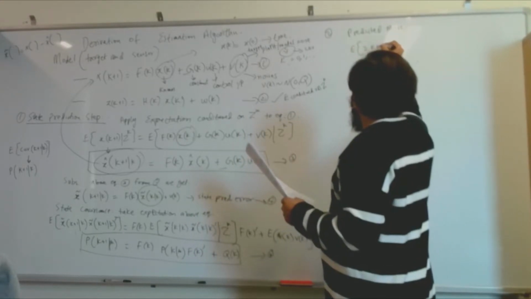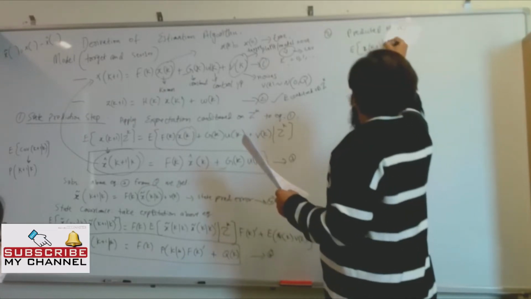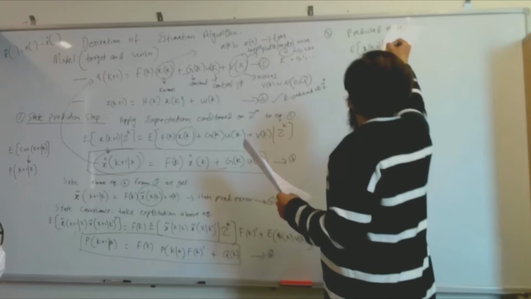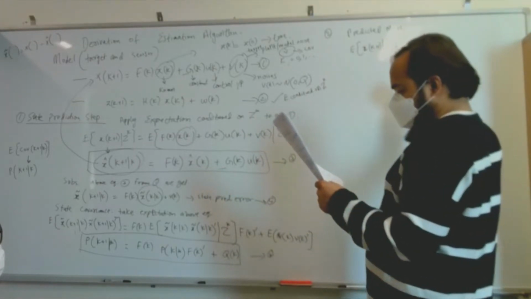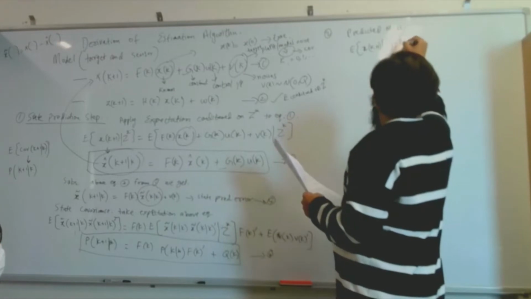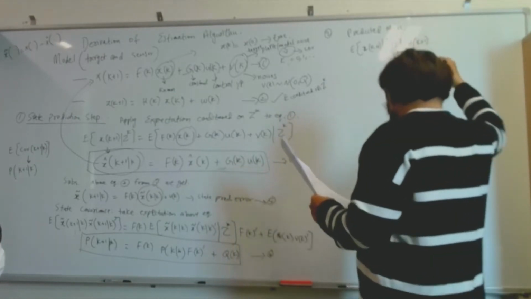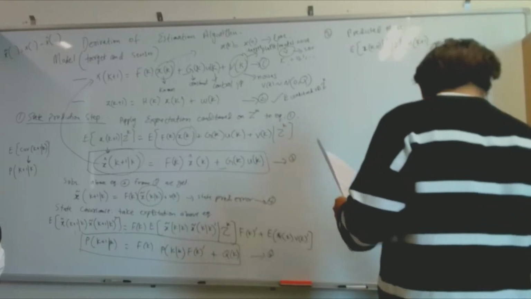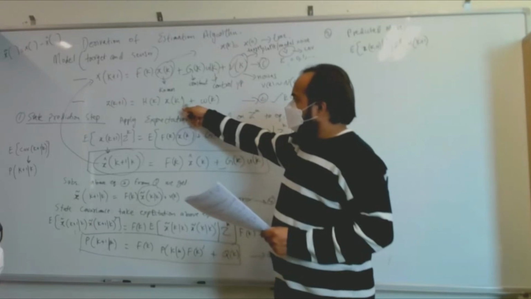And so therefore zk plus 1 is z, conditioned on zk, expectation of hk plus 1. This is because we already know this.